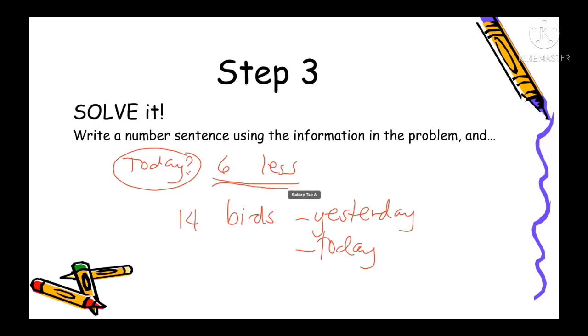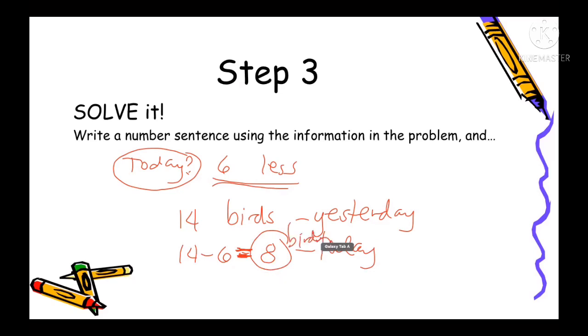That means 14 minus 6. Did you understand me? So today we have how many birds? What is 14 minus 6? That is 8. Correct.